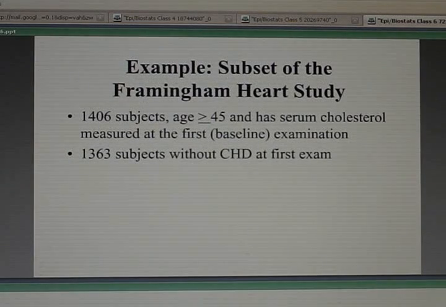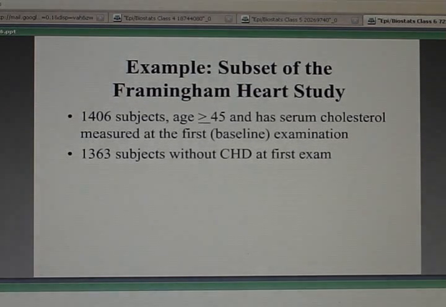And to give you an example, this is some data that's available on the web. It's a subset of data from the Framingham Heart Study. There's a famous heart study in Honolulu, in Hawaii, the Honolulu Heart Study. The Framingham Heart Study was done in Framingham, Massachusetts. I think I mentioned it. It enrolled about 5,000 people back in around 1950.